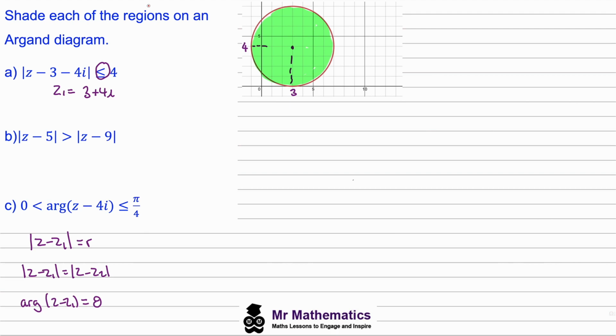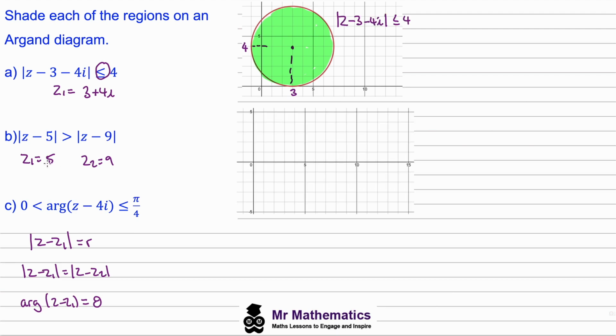Okay, so for part B, we're going to use this property where you can see that z1 will equal 5 and z2 will equal 9. So now we can plot these two points on another Argand diagram. If we plot 5, or z1, here and z2, 9, on the real axis, we'll label this z1 and z2.